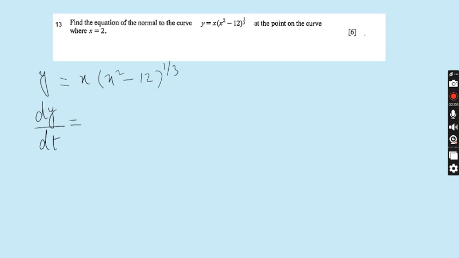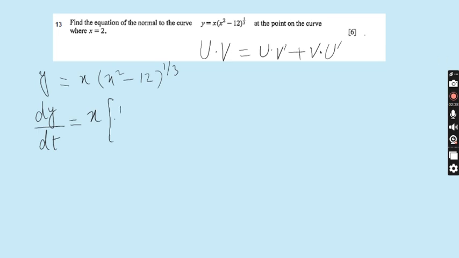There are two functions, one is x and one is (x squared minus 12) to the power 1 upon 3. Two functions are multiplied, so we apply the u times v formula. The formula is u v dash plus v u dash. Here u is x, and v is (x squared minus 12) to the power 1 upon 3.